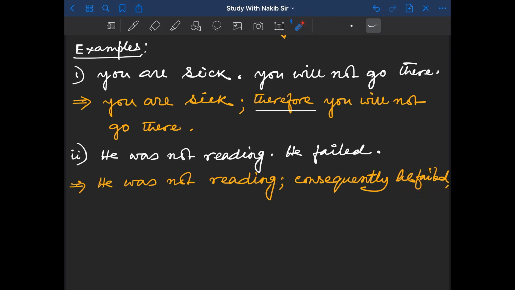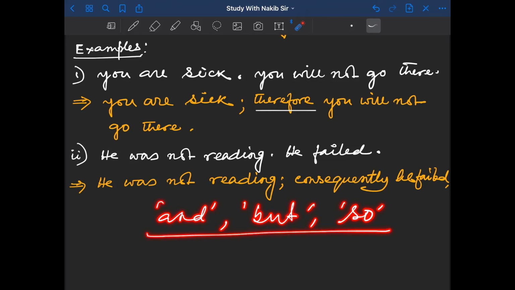Okay. He failed. So in this way, two sentences can be combined into a compound sentence without using and, but, or so. Without using and, but, or so.